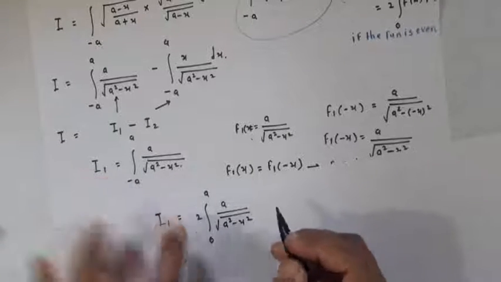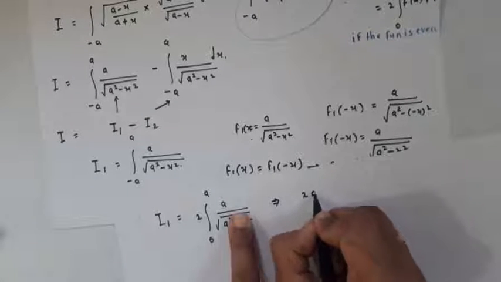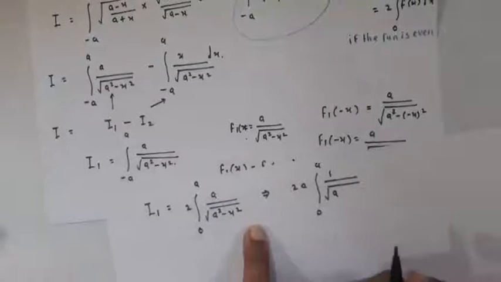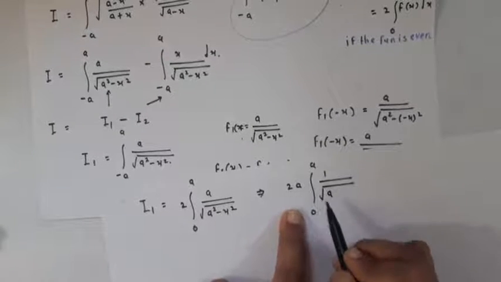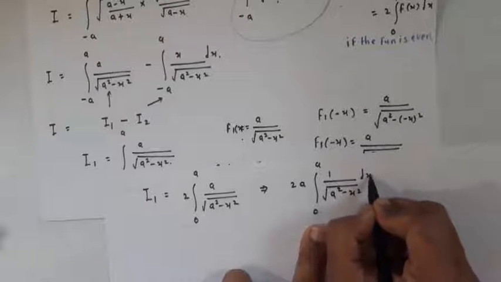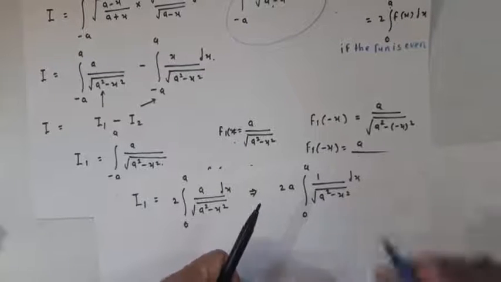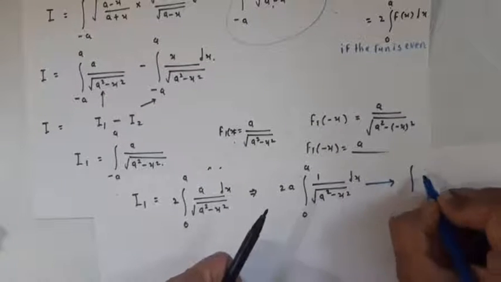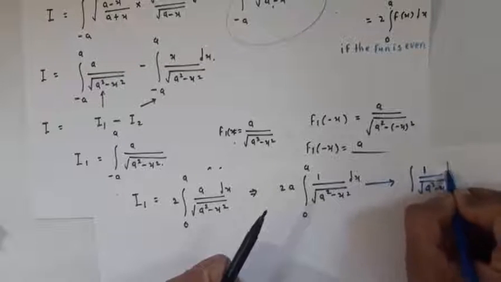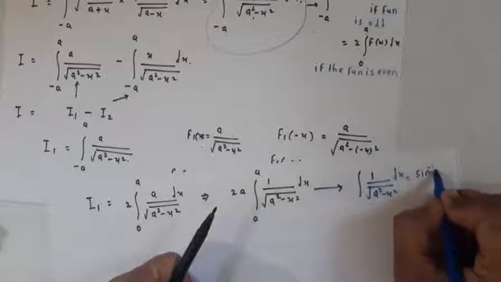Now let us solve this integration. To solve this, a is a constant, so 2a goes outside the integral: 2a times the integral from 0 to a of 1 upon square root of a square minus x square with respect to x. This integration is of the form 1 upon square root of a square minus x square with respect to x, and by using the formula, it is sine inverse of x by a.